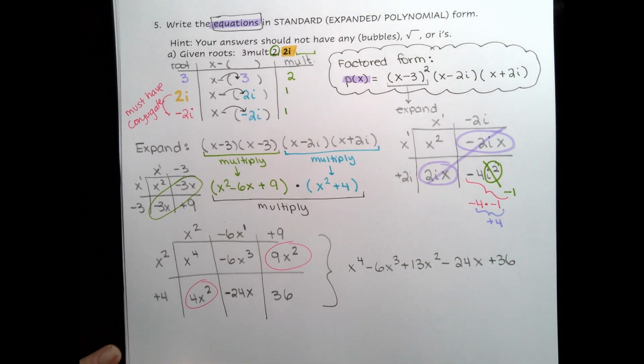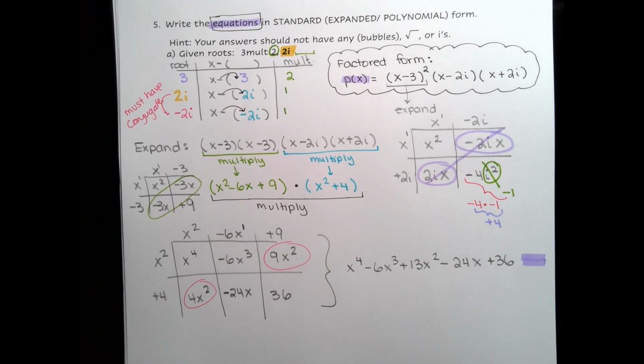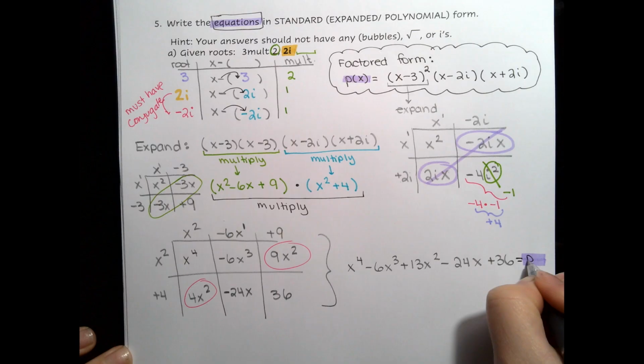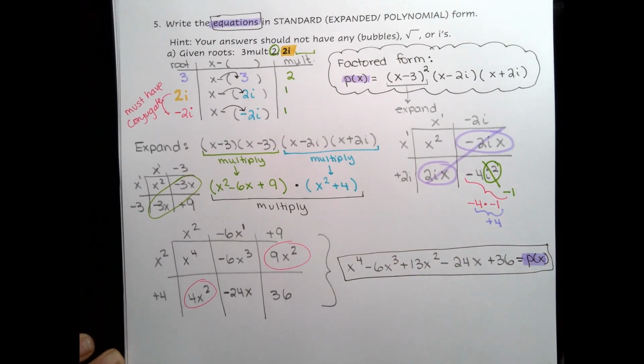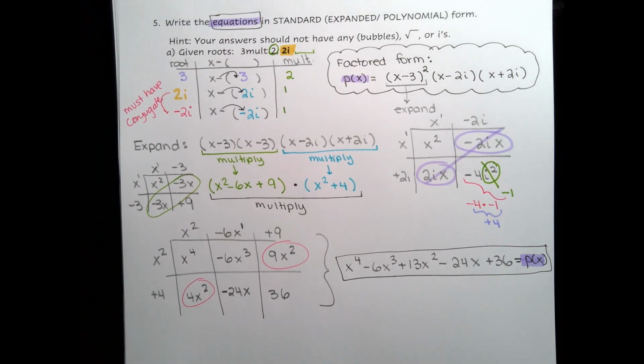And again, because they are wanting it in polynomial form as an equation, you have to include the equals p of x. If you don't, that will be points removed. It doesn't have to be p, it could be f of x, g of x, h of x, but it does need to be an equation.